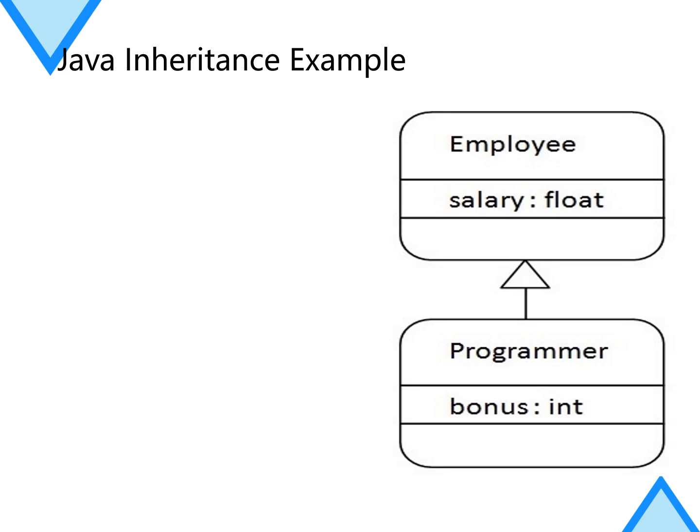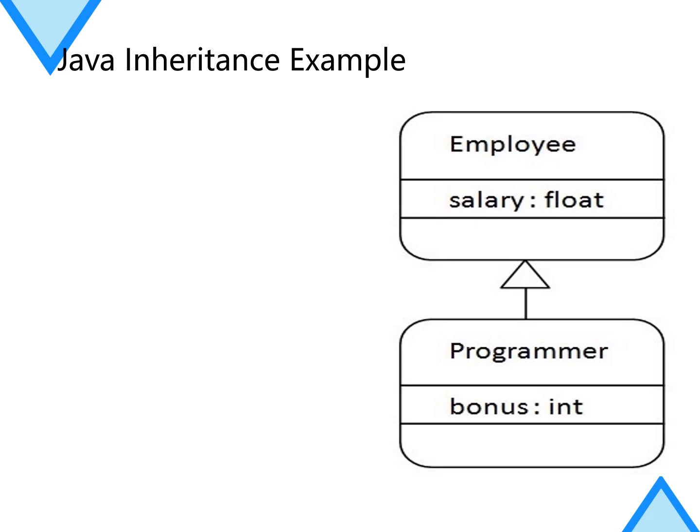The employee class has a data member, and the type of the data member is float, and the subclass also has a data member, and the type of the data member is int. The name of the data member here is bonus, while in the parent class the name of the data member is salary. So now let's see the implementation of this class diagram for the inheritance.